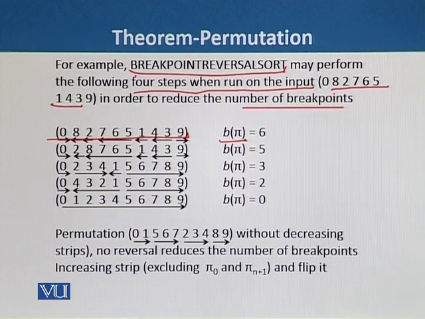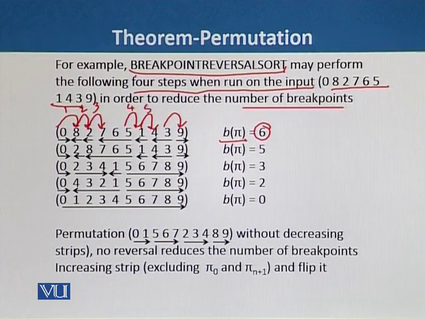B pi means the number of breakpoints, which is equal to 6. Here we can see easily the breakpoints are 0, 8, 8, 2, 2, 7, 5, 1, 1, 4 and 3, 9. So we can count them: 1, 2, 3, 4, 5 and 6. So these are 6 breakpoints when we initially start this permutation.